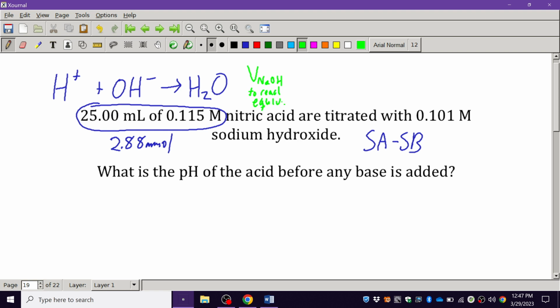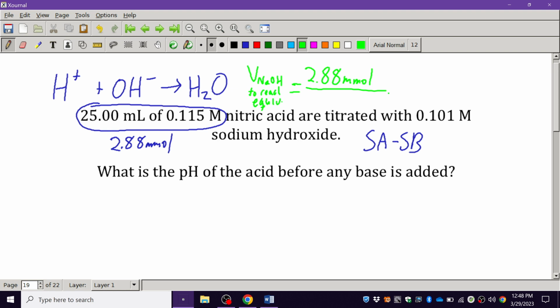What did we say the definition of equivalence is? If I start with 2.88 millimoles of HNO3, how many millimoles of hydroxide ion do I need to add to neutralize it? Yeah, the same amount.